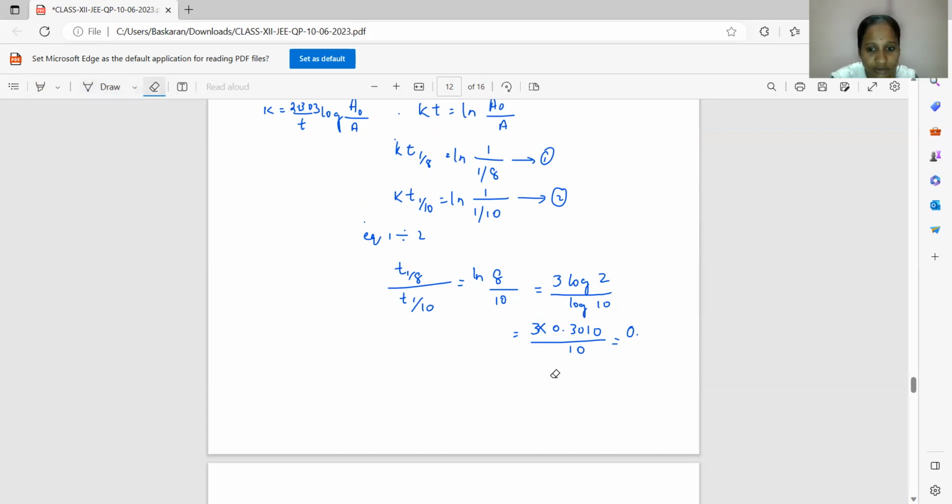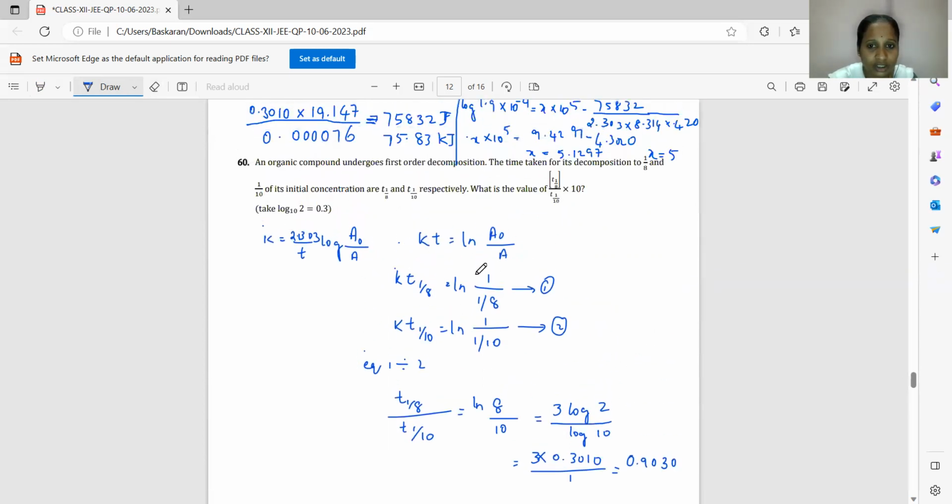Log 10 is equal to 1. So hence you will get 0.9030.